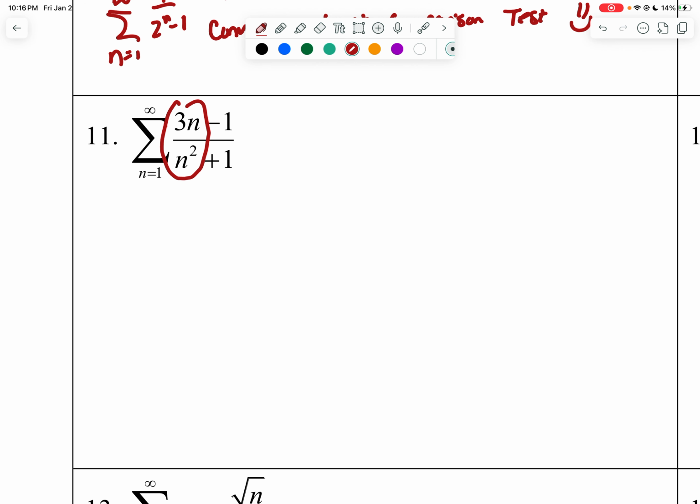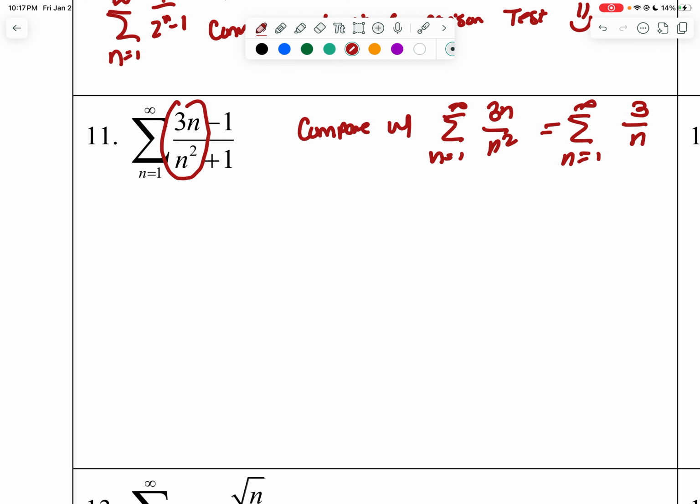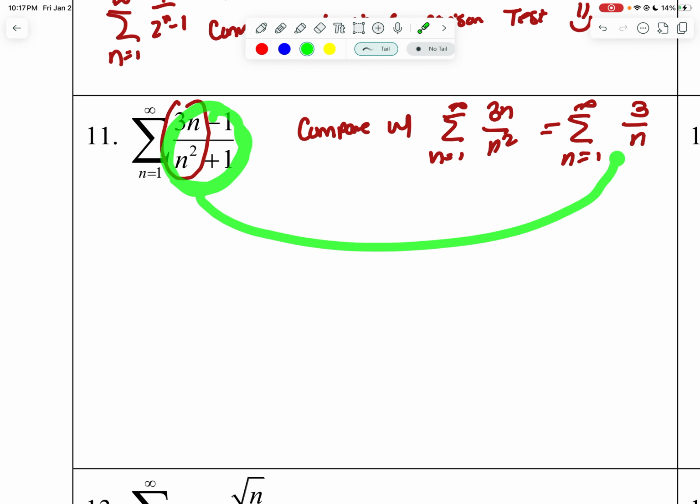So whenever we are looking at the comparison for number 11 here, we're going to compare this with 3 to the n over n squared. Okay, now likewise, I don't know how to compare this using direct comparison with 3n minus 1 and n squared plus 1.